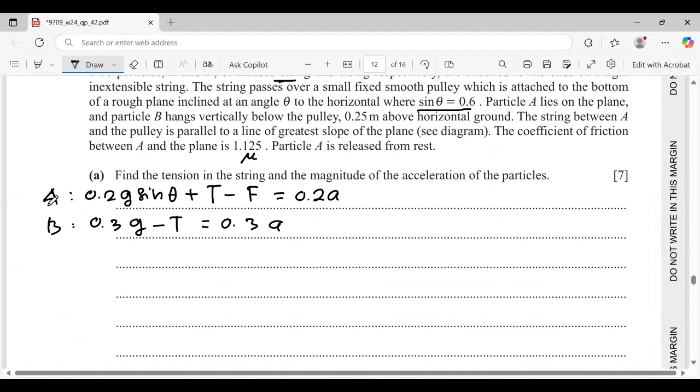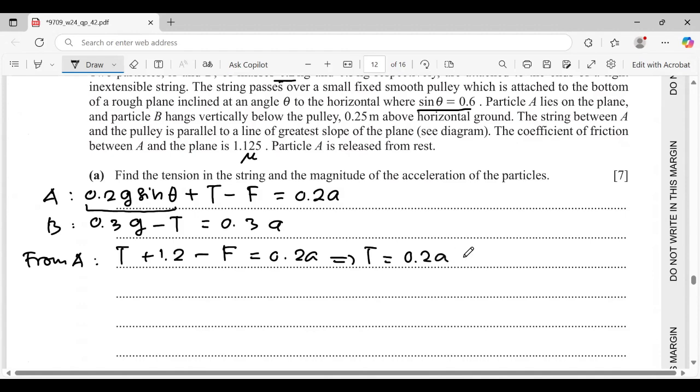Now, from particle A's equation, I would like to simplify. It becomes T plus 1.2, because this is 1.2, we already calculated, minus F equals 0.2A. So T equals 0.2A minus 1.2 plus 1.8. Just now we already calculated that F equals 1.8.